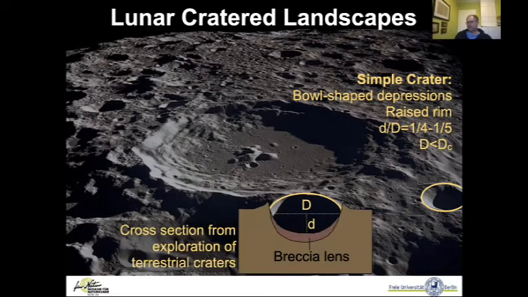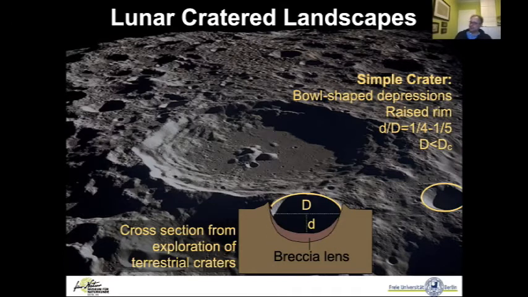But when we study these sort of craters, and as I said, they're not so easy to find on Earth, we assume that the process and the morphology is more or less roughly the same. So if we study these craters on Earth, we have much better possibilities to look at how the crater subsurface actually looks, yeah. And this is a cross-section based on studying terrestrial craters.